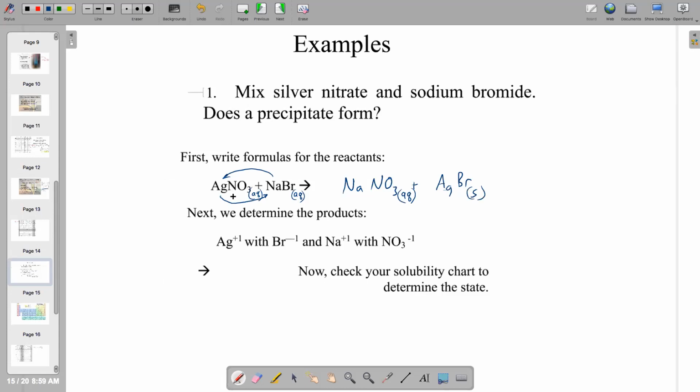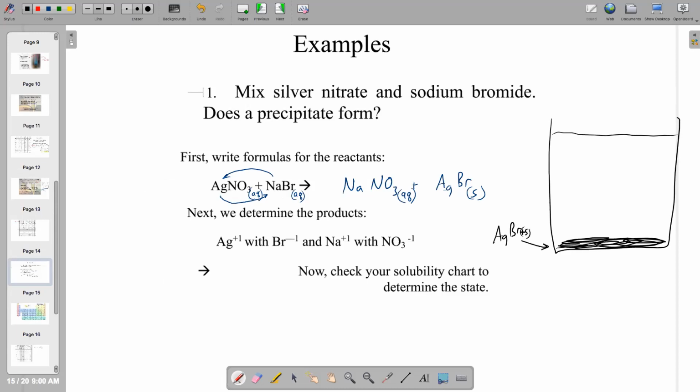You start out with 2 solutions, silver nitrate and sodium bromide, and as a result, just like we showed you with the other one, you end up with silver bromide down in the bottom. So this is going to be the solid, AgBr solid, and then you have sodium nitrate. So you've got some sodium ions and some nitrates, NO3 minus.